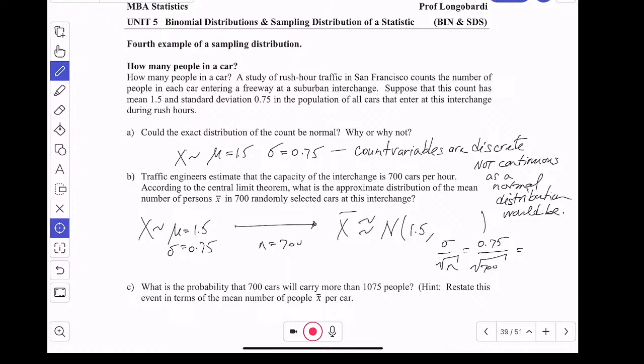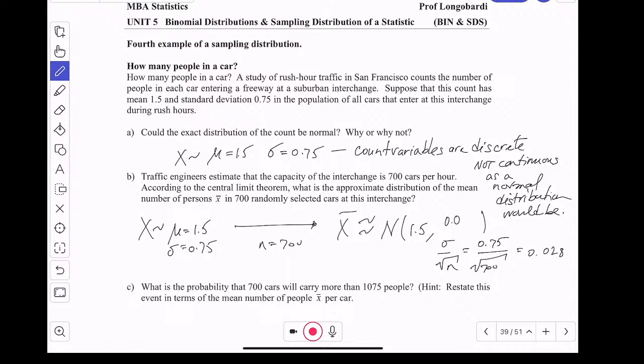Even though we don't know the distribution of the variable, in this case the number of people in a car, we know that the sample mean, the mean number of people in a car, is going to have a mean of 1.5 and a standard deviation of 0.75 divided by the square root of 700, which is 0.028.